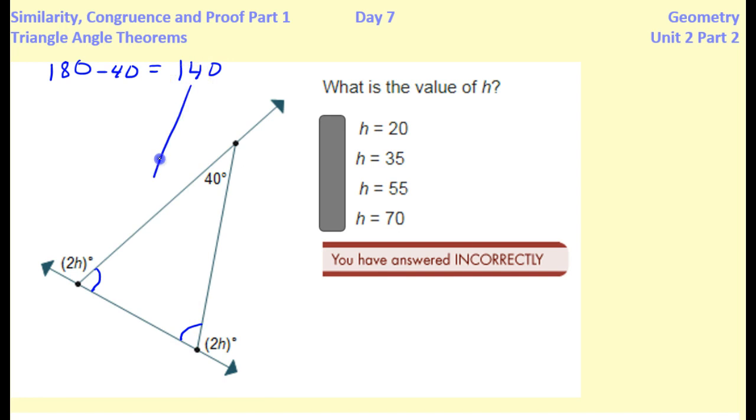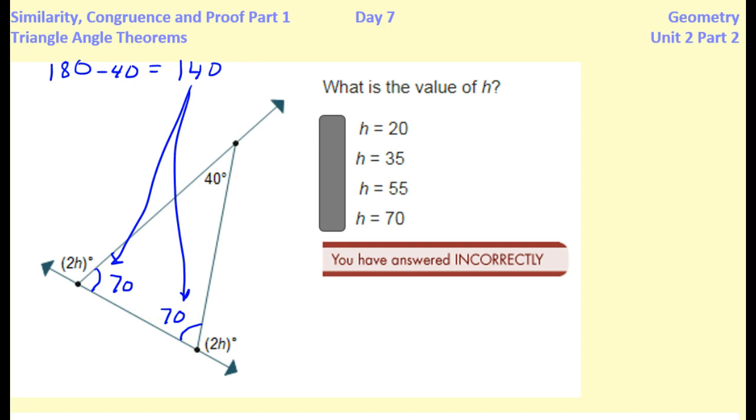So if we divide by 2 so that we can share this equally between these two angles, that's going to be 70 degrees apiece. So you can see if I added these three angles together, that would be 180.